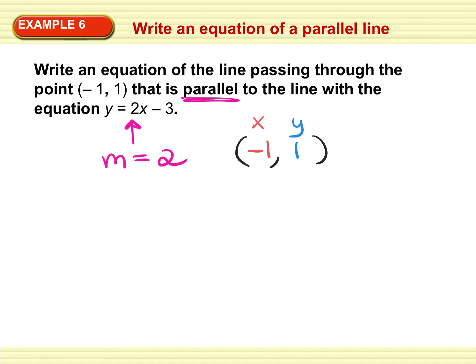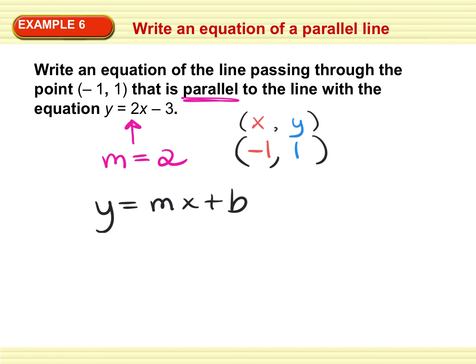So what I need to do is find the y-intercept of my new equation. When I did the examples before, I picked random y-intercepts. But for this, you have to do the calculations using the ordered pair that's given. So I'm going to write down y equals mx plus b. I'm going to replace the m with this 2.